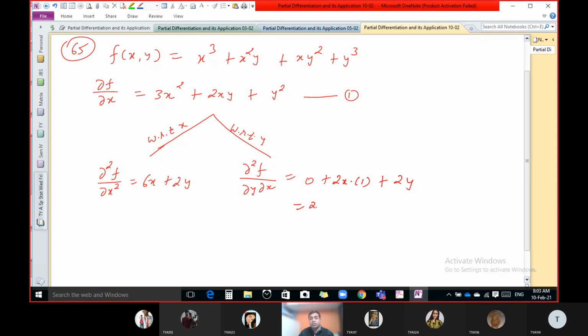So our final answer is 2x plus 2y. That is del square f upon del y del x. Let us say this is equation 2, this is equation 3.